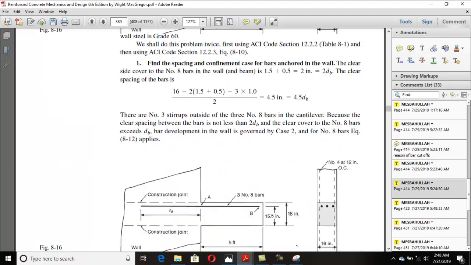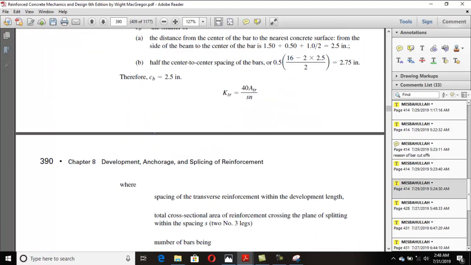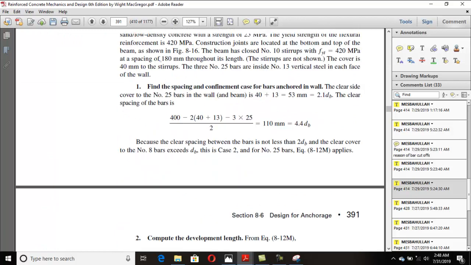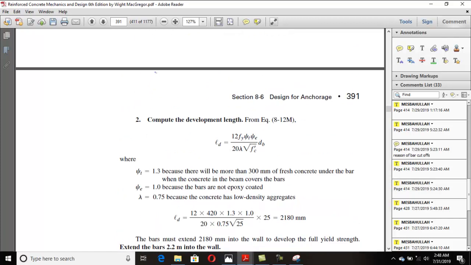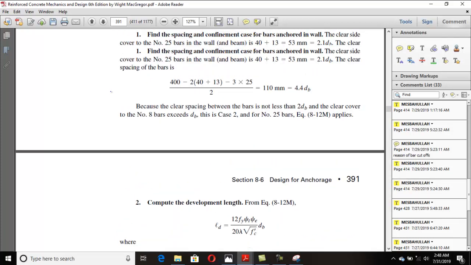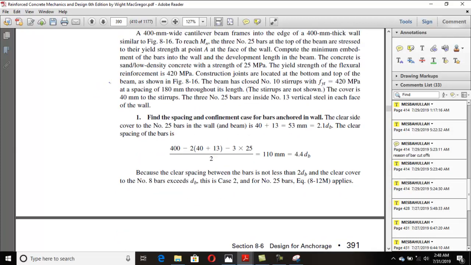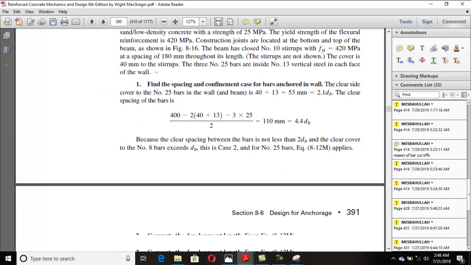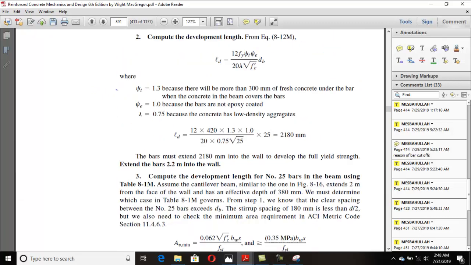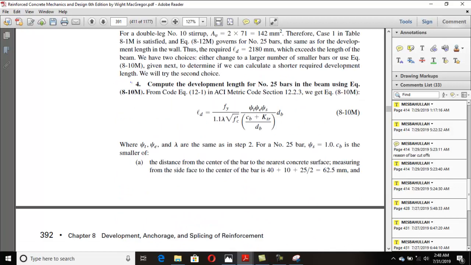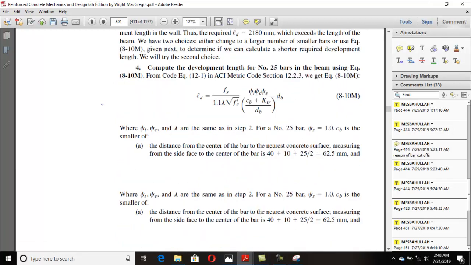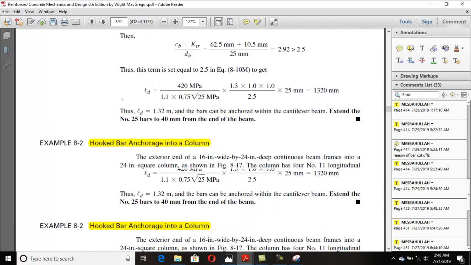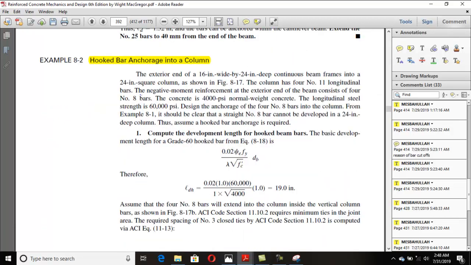Okay, so that example is... yes, this one, not this one, this one. Okay, this is the example which is given.